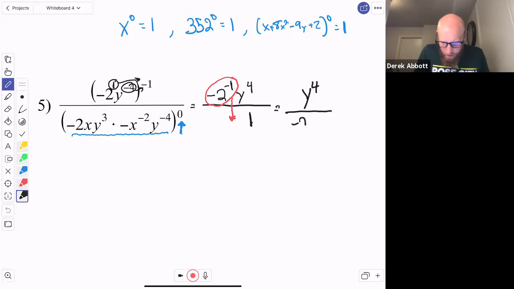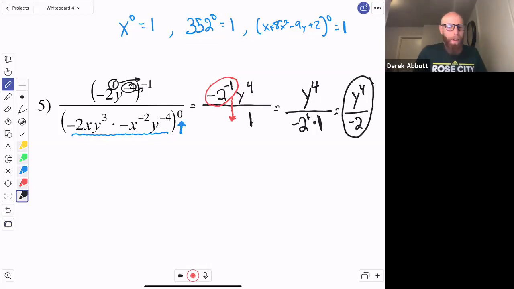And then the negative 2, now the power becomes 1 times the 1 that is still down there. I'll tell you, negative 2 to the first power is still negative 2. Negative 2 times 1 is negative 2. So y to the 4th over negative 2. And that's it. So this whole thing, which looked ugly early on, got cleaned up pretty quickly because of the 0 on the bottom.